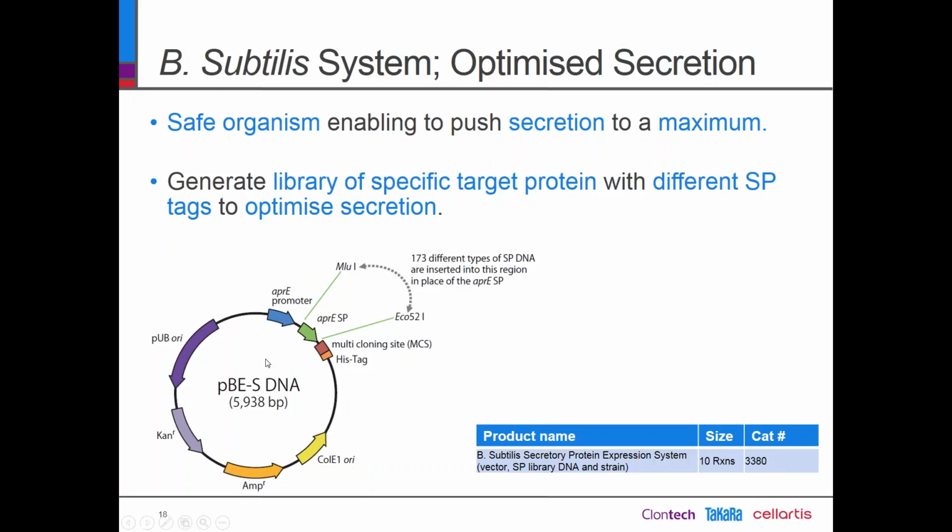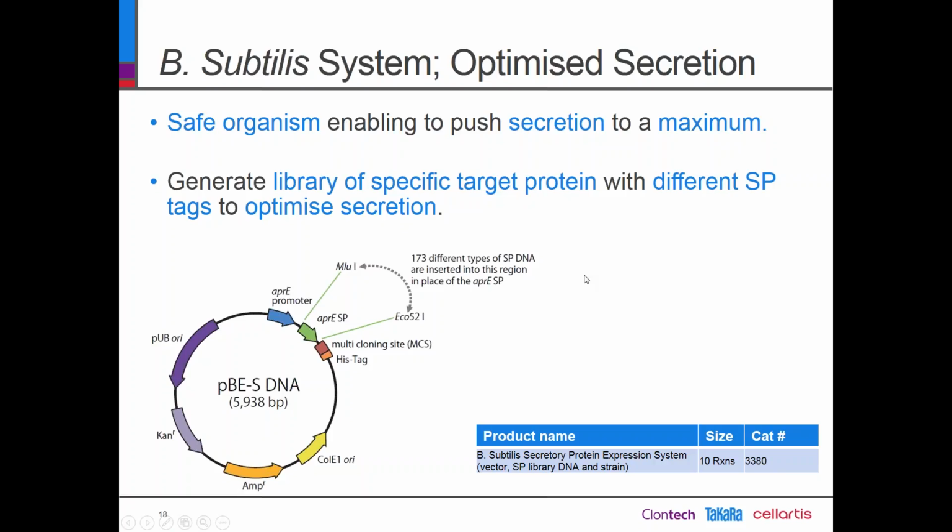So you have here the vector, you have your promoter, and then you have a part like this SP element that you will replace by a library of 173 different sequences. And you do this by infusion again, because infusion is very efficient in getting this in there. So you will have a mixture population of different plasmids that contain all different sequences here for secretion.